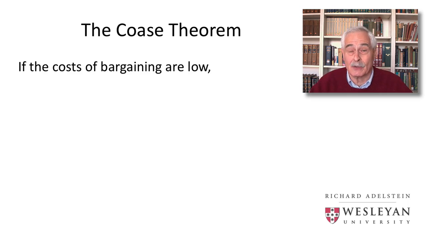So a critical condition of the Coase Theorem, of the result that we've just begun to suggest, is that bargaining between the parties be sufficiently costless so that property rights can be transferred by exchange among the various parties without the costs of doing business with one another eating up all of the gains of trade.